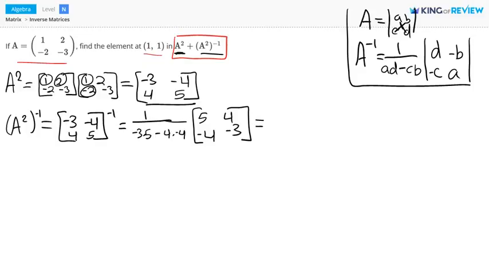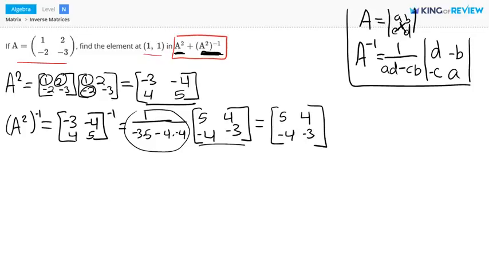So let's work this out. When we multiply this portion out on the denominator, we have negative 3 times 5 minus 4 times negative 4. This whole thing will equal 1. So we have 1 times this, and that gives us this matrix. So now we've figured out this portion, which is the inverse of A squared.